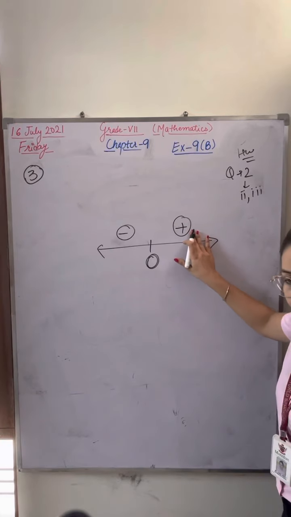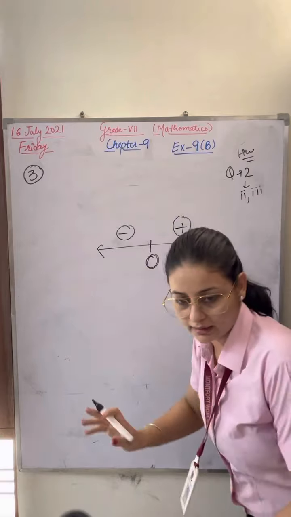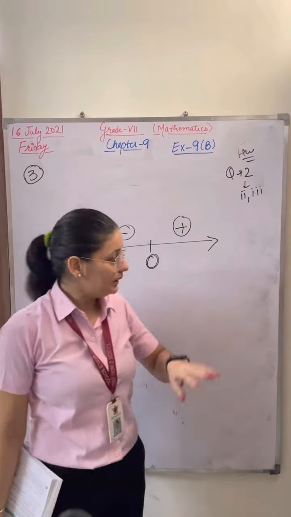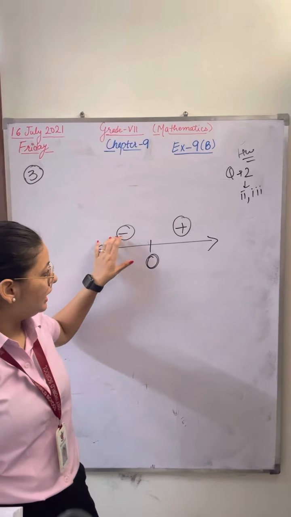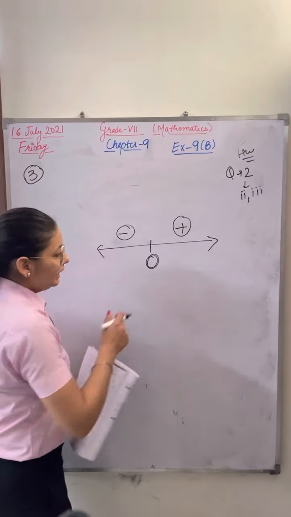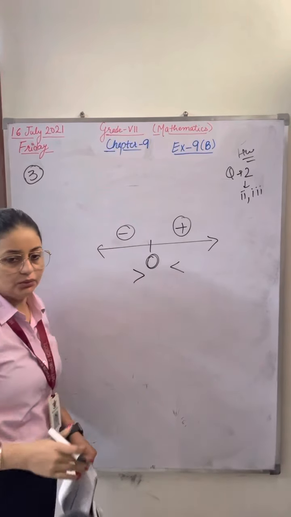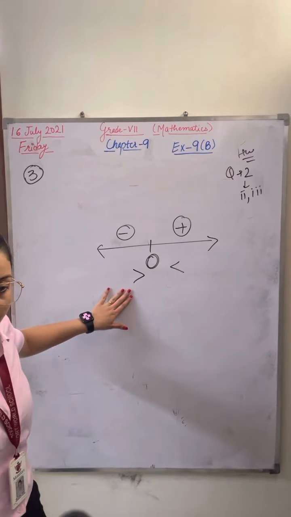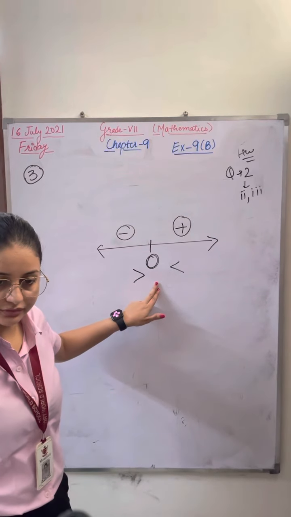Positive values are always bigger than the negative. Kindly listen to this carefully. A positive value will always be greater than a negative value. 0 will be lesser than a positive value but greater than a negative value. 0 is bigger than the negative but lesser than the positive.